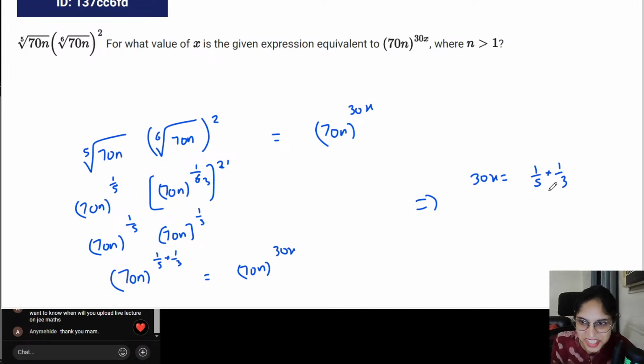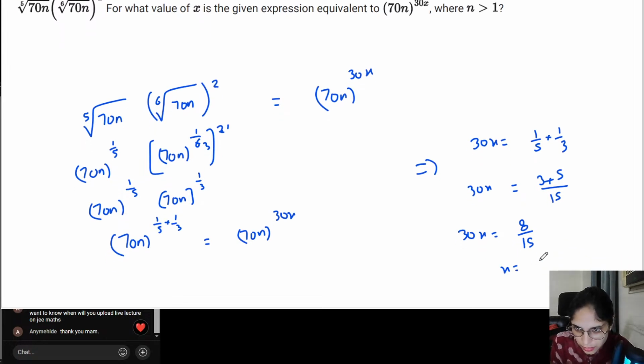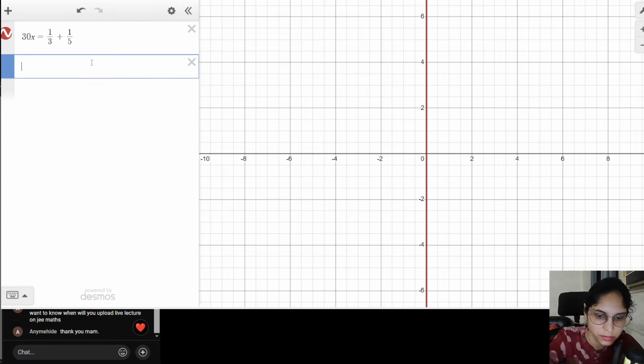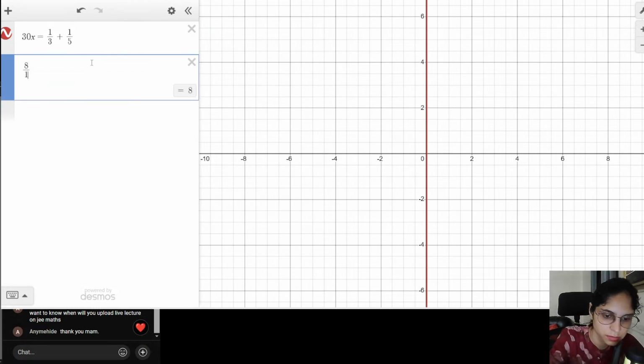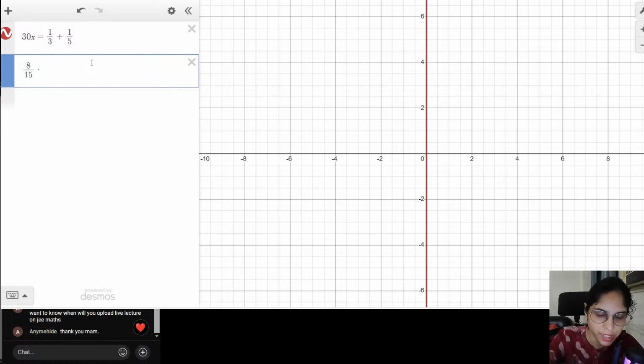I want my answer in fraction, so I will rather get it in fraction. 3 plus 5 over 5 times 3 is 15. 8 over 15. 8 over 15 times 1 over 30. Shift 8 is multiplication.